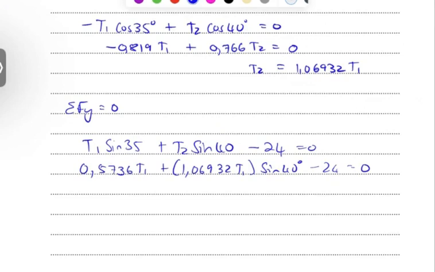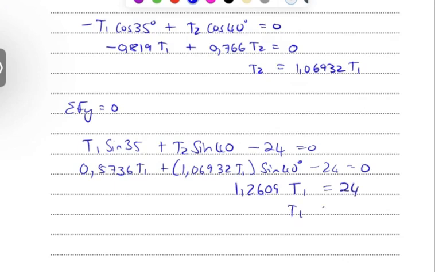So in this case, I've technically got sine 35 plus 1.06, .2609 T1 is equal to 24.